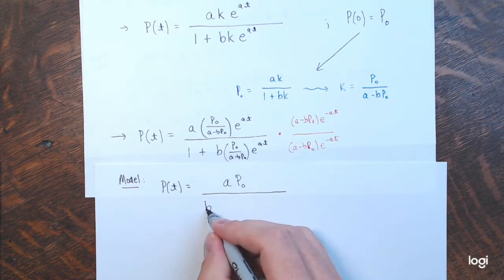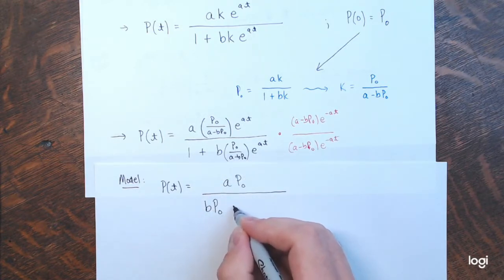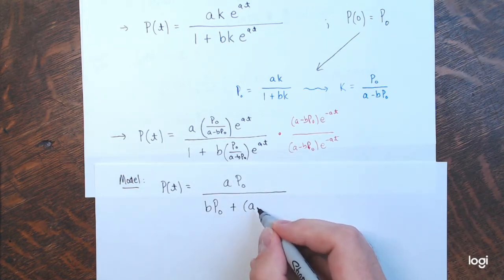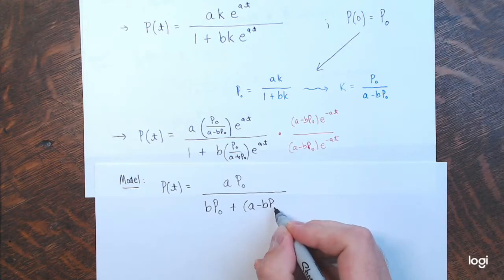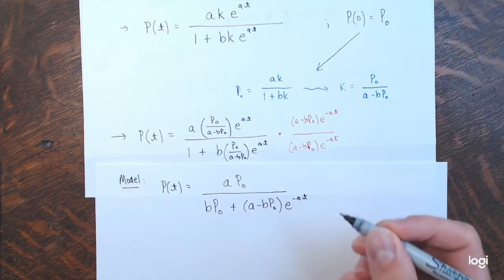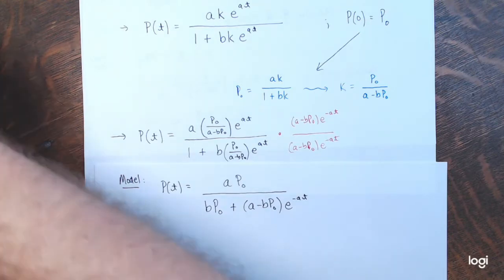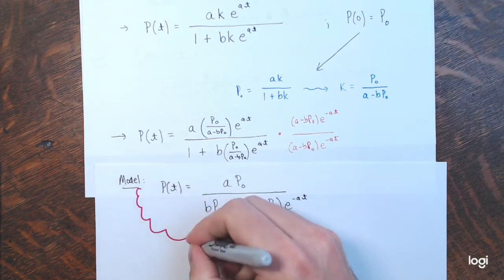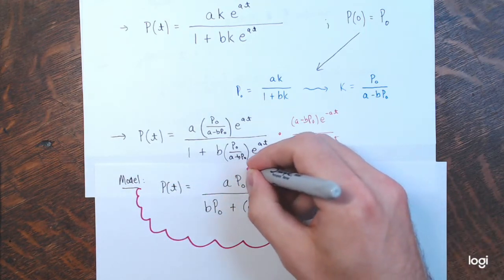I'll put that first. Plus, and then this times 1 would be itself, so plus a minus b times p sub 0 times e to the negative at. And I'll put this in a nice box because I'm going to refer back to this when we go about looking at the examples I'm going to look at.